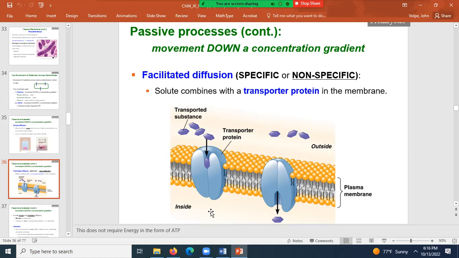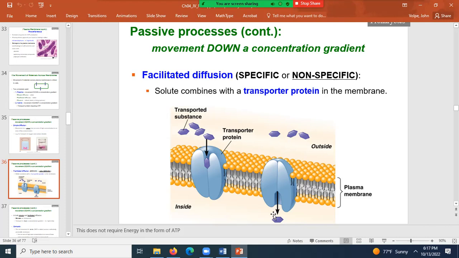Any question about any of that? It will move into the cell until the fructose inside the cell equals the fructose outside the cell. That's different from glucose, where every molecule of glucose outside the cell will be transported into the cell using a molecule of ATP.